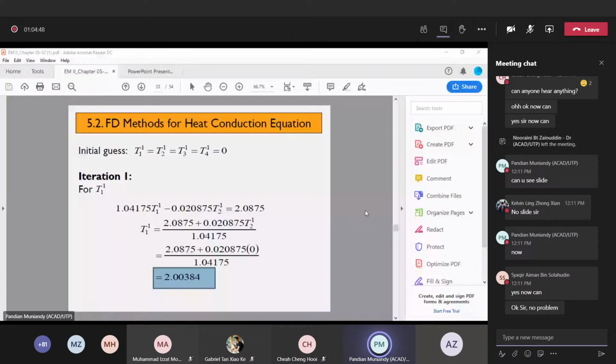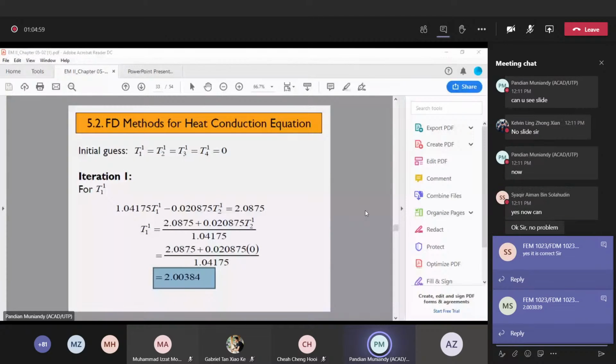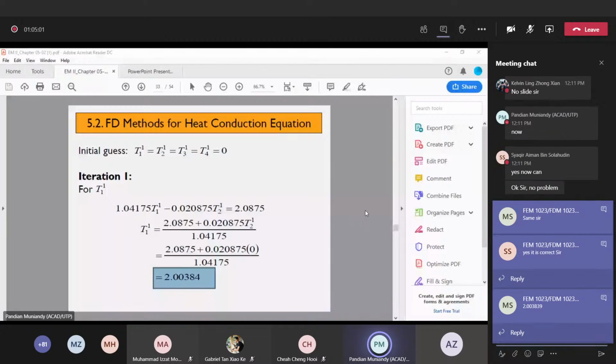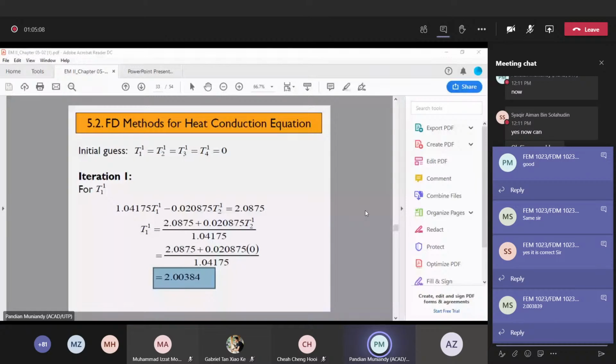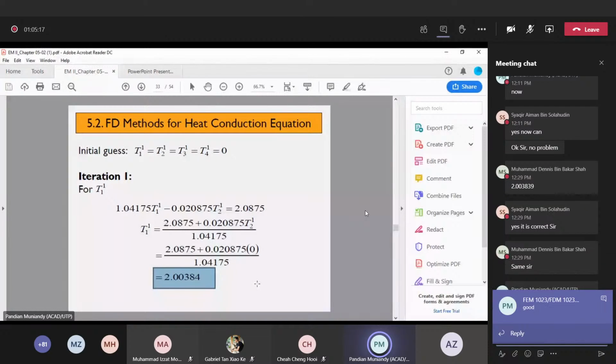Kelvin, can you confirm the value? Okay, good. That means you are active now, so you are aware. Otherwise, you cannot take it for granted, because next time you want to use this.